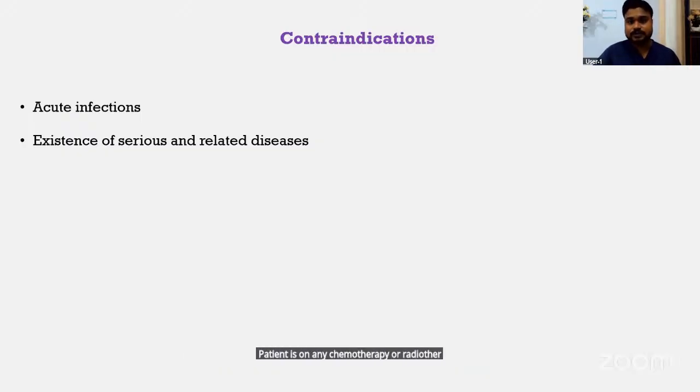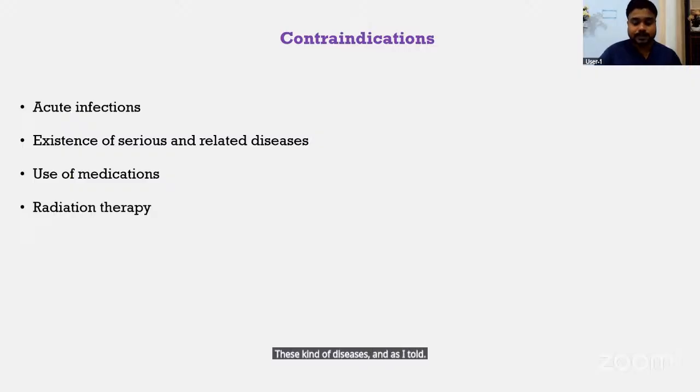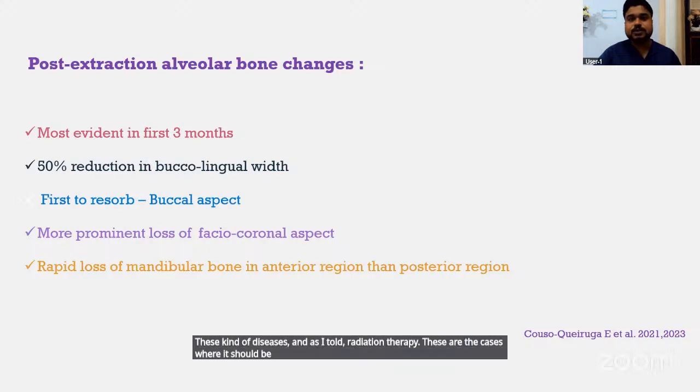Also the use of medications which cause bone resorption, and even if the patient is on treatment for osteoporosis, and as I told, radiation therapy. These are the cases where it is contraindicated, and we have to think and plan carefully before doing alveolar ridge preservation.